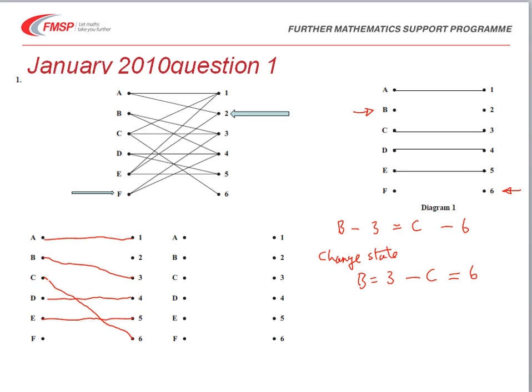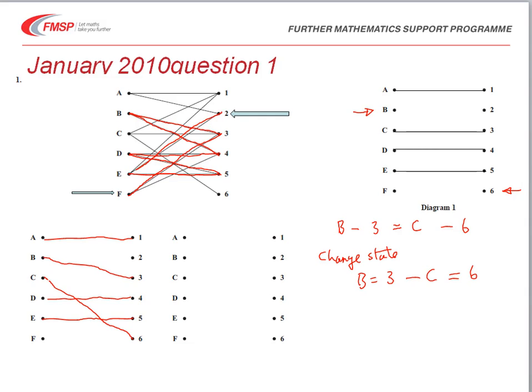I'm going to go firstly from F up to 3. 3 is at the moment allocated to B, so we must go to B, which then means we could come back to 4. 4 is currently allocated to D, then from D we could come to 5, and 5 is currently done by E, and finally we get to our destination that we want, 2.